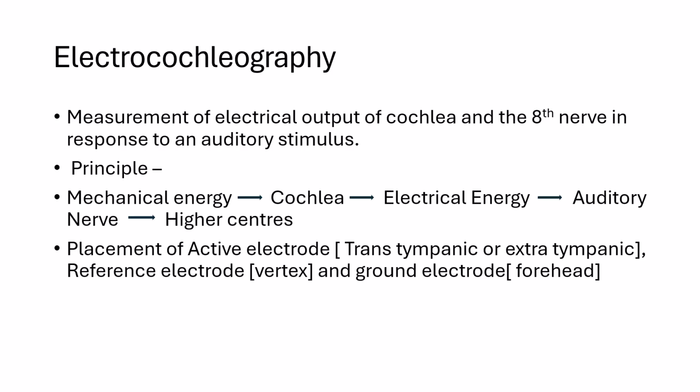Electrodes are placed near the tympanic membrane, and they basically record three things: the cochlear microphonics, the summating potential from the hair cells, and action potentials from the auditory nerve. This is very useful in Meniere's disease. We look at the SP/AP ratio, and if it's more than 0.45, that indicates Meniere's.